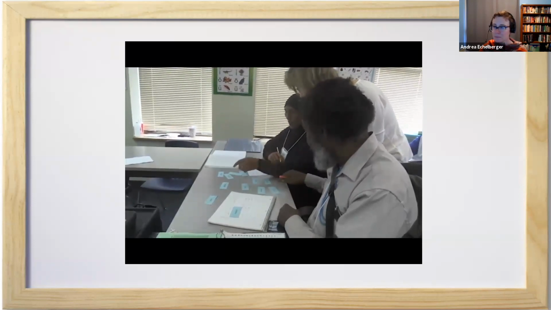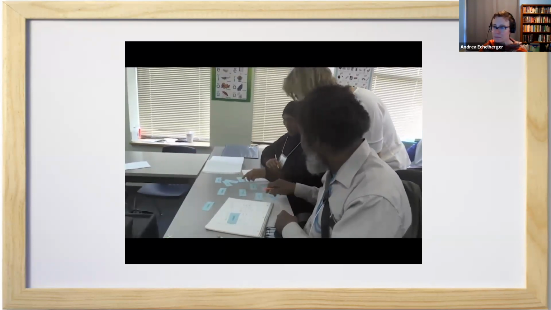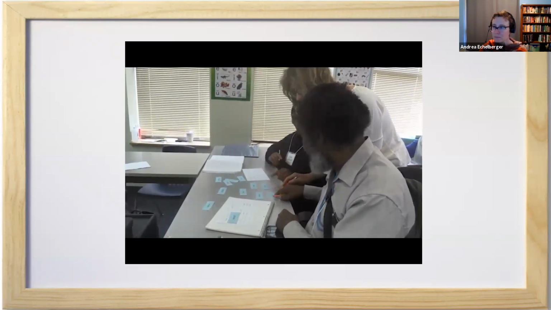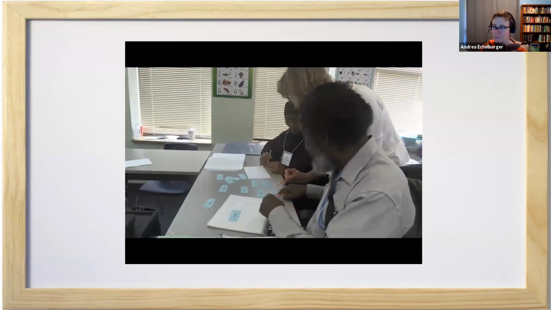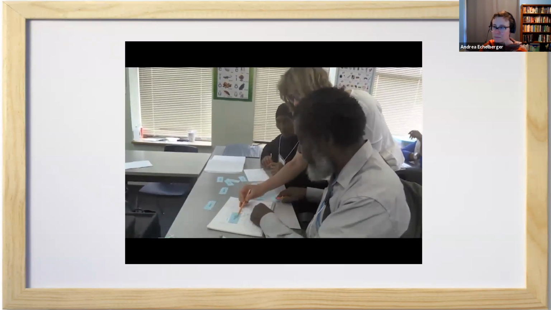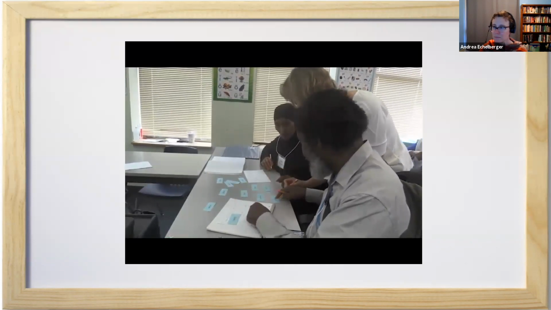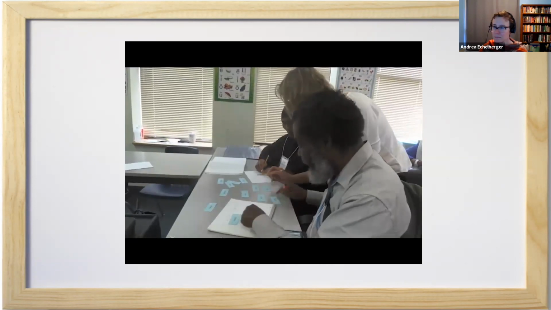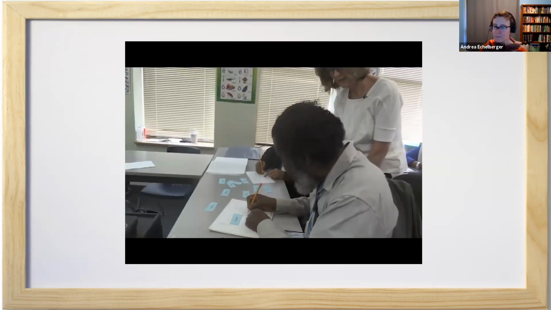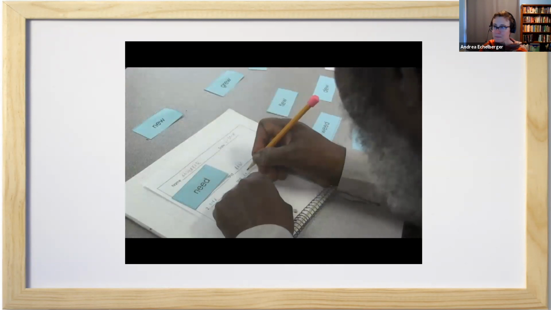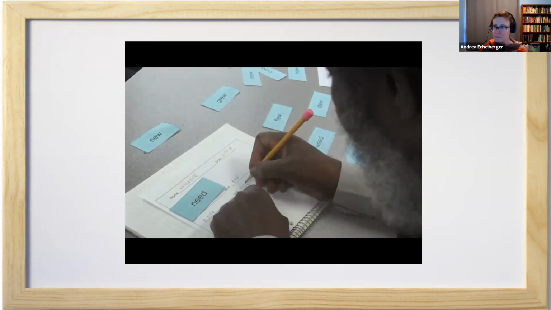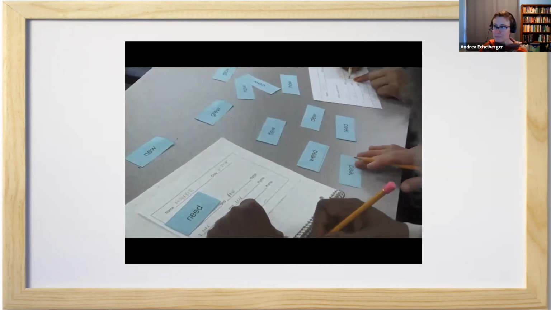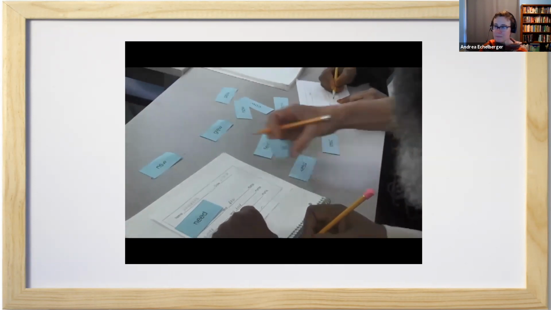Feed. Feed. Yes. Feed. Feed and need. The same? Same end? Same end? Are they the same? Same, yes. Okay, right. Feed. Yes. Very good. Good job. Feed. Yes, here it is. Let's put it up there.